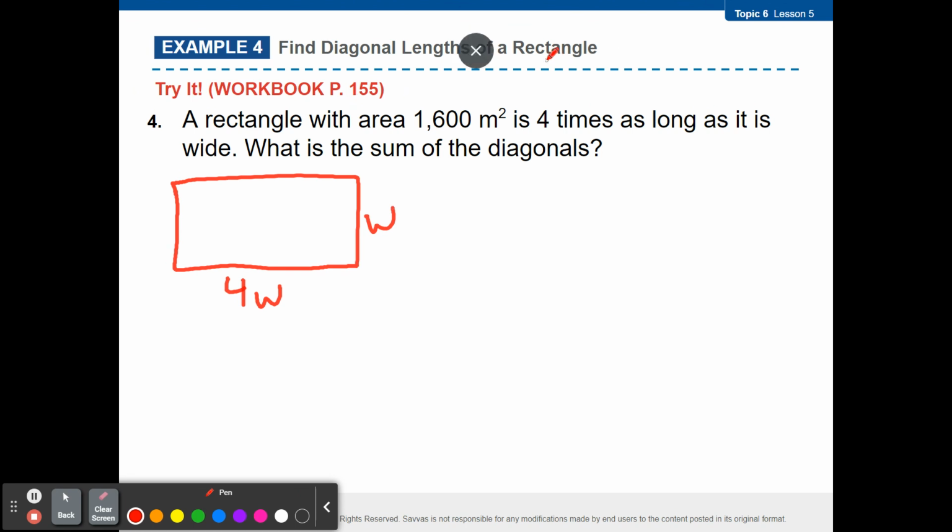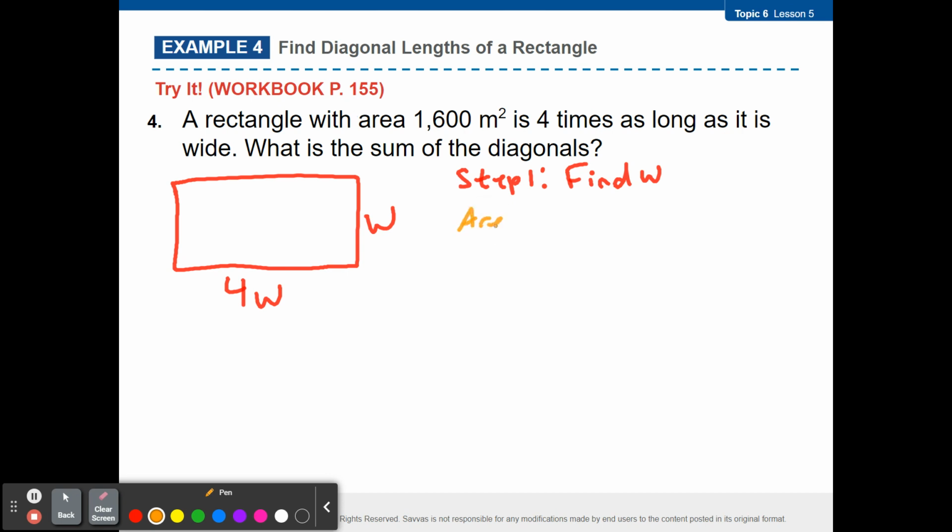Now, before we find our diagonals, we need to find what this width is so that we can find the sides. Okay, so step 1 is to find W. And we're going to do that using the area of a rectangle.